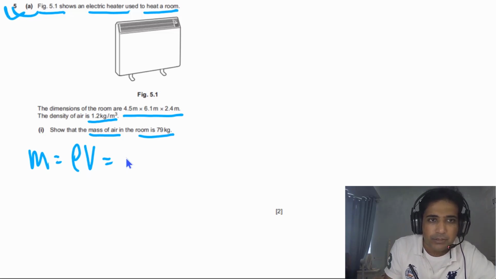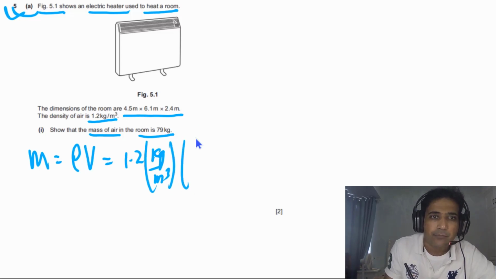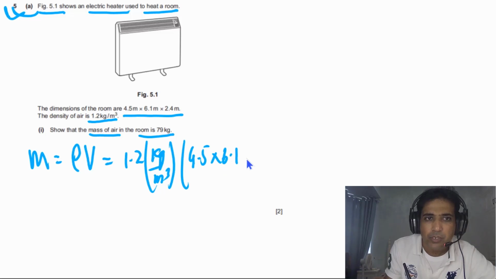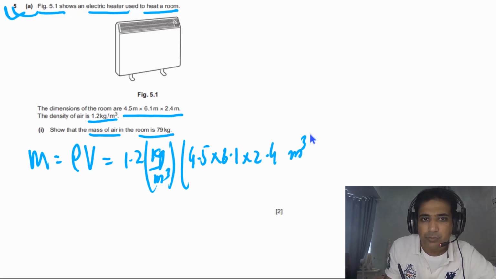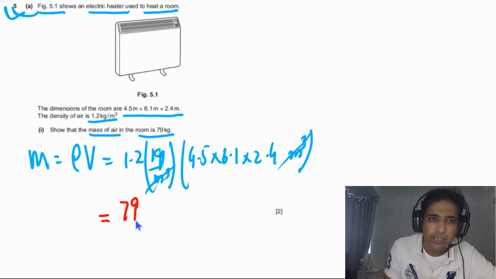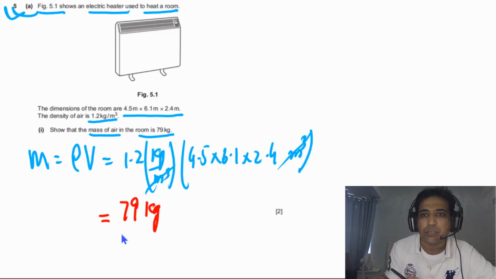Density of air is given, that is 1.2 kg per cubic meter, and we also have volume, that is 4.5 times 6.1 times 2.4, in cubic meters. Now cubic meters cancel with cubic meters, so we are left with kg. If we multiply this, we will get 79 kg to 2 SF. This is how we need to answer.